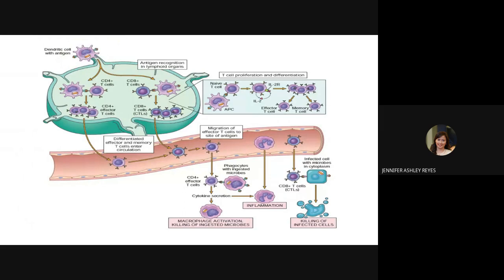Now, yung naive T cells natin will recognize MHC-associated peptide antigens displayed on your dendritic cells. And the T cells will now be activated to proliferate. So, na-activate na sila to proliferate, and will differentiate to effector and memory cells which will migrate to sites of infection.